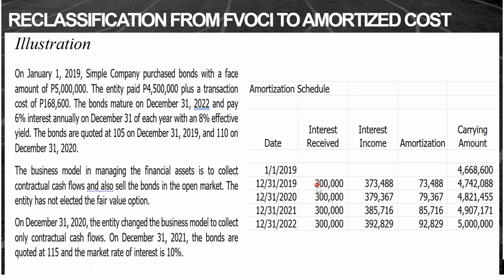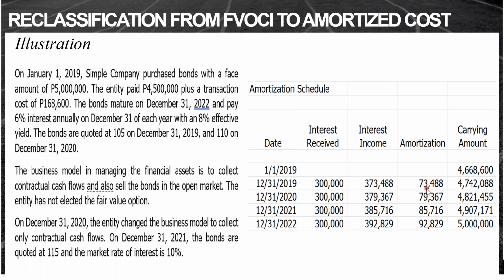Let's start with the interest received. That's 5 million times the nominal interest rate of 6%, so you have 300,000. For the interest income, that's your carrying amount times the effective yield of 8%, so you have 373,488.